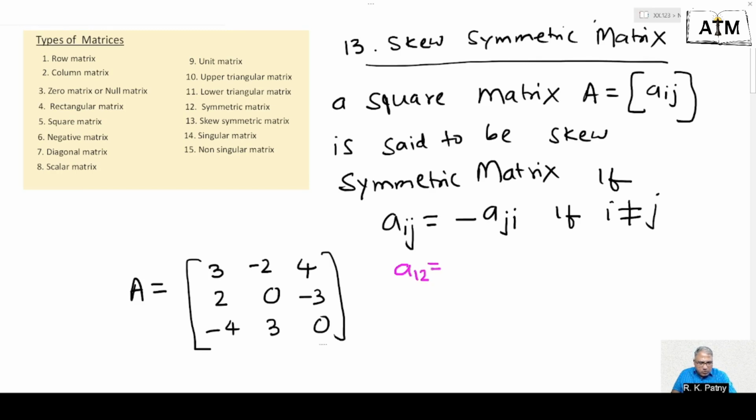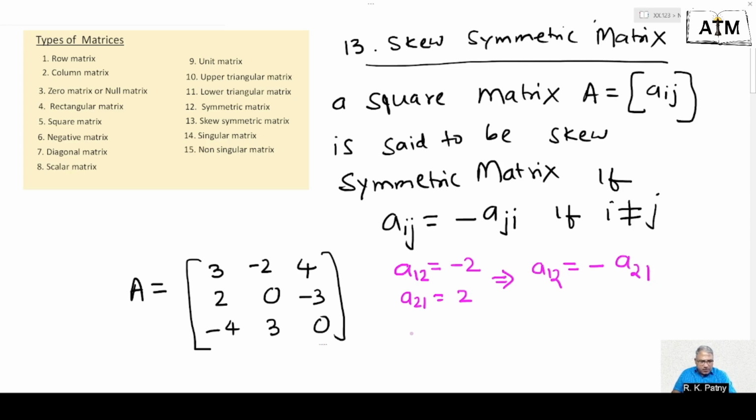The value of A12 equals minus 2 and the value of A21 equals 2. This implies A12 is nothing but the negative of A21. So the condition of a skew symmetric matrix is satisfied here.